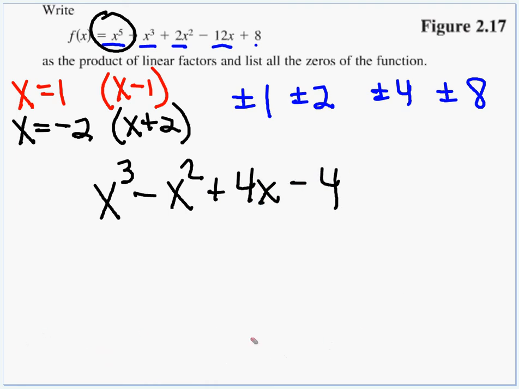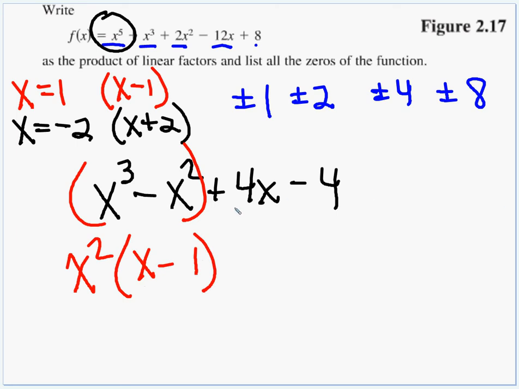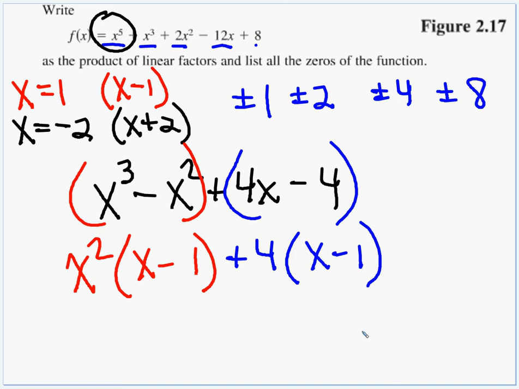Can we factor that? When I look at the 4's and the 4's, it looks like we can factor by groups. If I group the first two, we can pull out an x squared, leaving an x minus 1. The next ones here, I'll group those off in blue. It's a factor out of 4. Plus, put a 4 there. Left in the parenthesis, x minus 1.